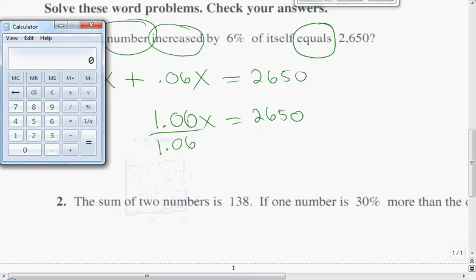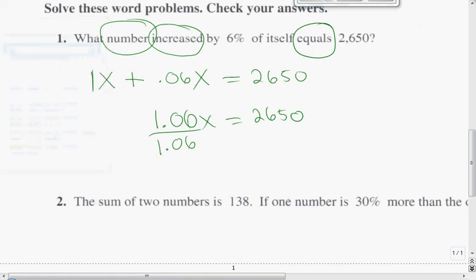And let's see what 2,650 divided by 1.06 is. Oh, I forgot to put the point. Sorry. 2,650 divided by 1.06 equals 2,500. So x equals 2,500.